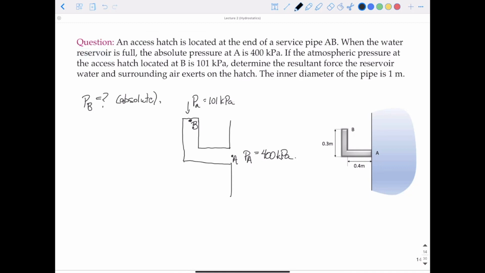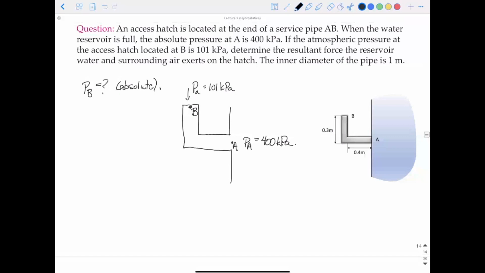And then we'll have a pressure from the fluid acting on B, and we'll have a pressure from the atmosphere on the other side acting at B. So we have to find the net pressure, which would be the gauge pressure. And then once we find that, we can calculate the actual force acting on that hatch by multiplying the pressure by the area of that hatch, and we know the diameter is 1 meter.